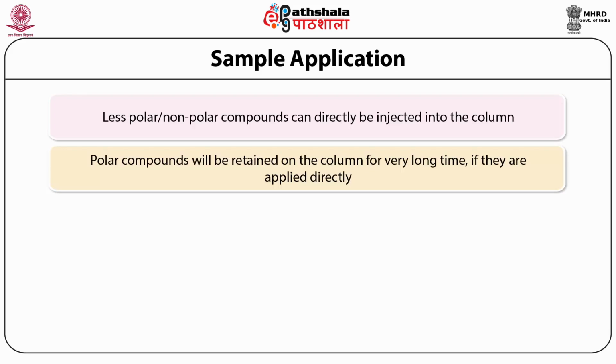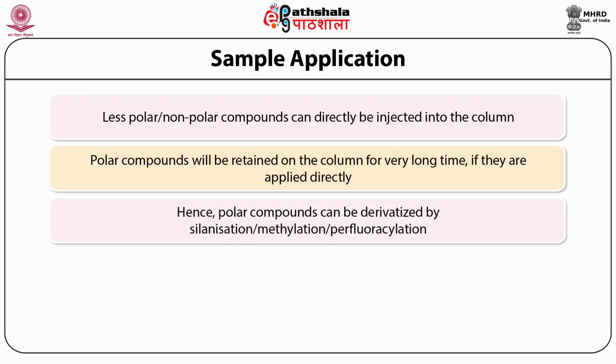So like I said, the polar compounds therefore will need to be derivatized before they are injected into the column. And in order to do so, the polar compounds can be derivatized by silylation, methylation, or perfluoroacylation. These are different methods by which polar compounds can be derivatized, and these derivatized compounds then become more volatile.